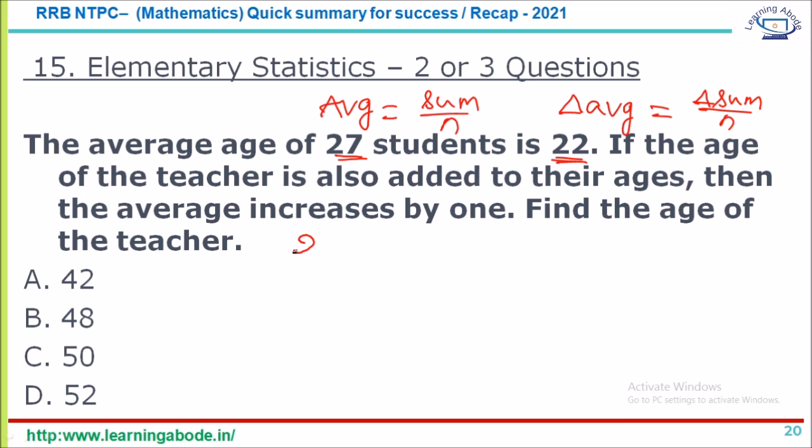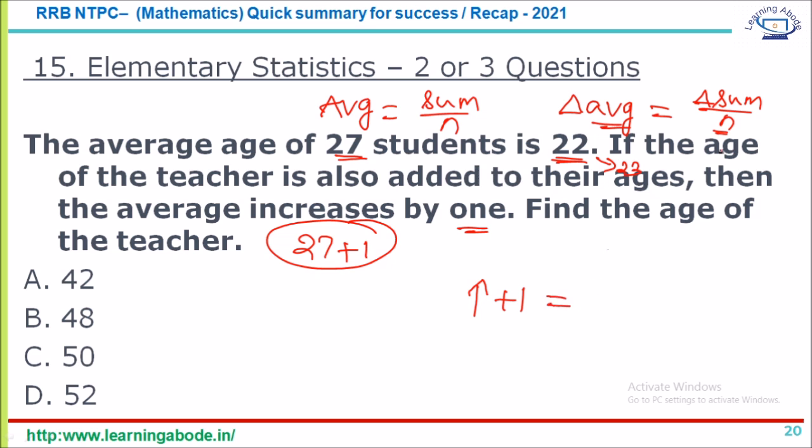Now if you add the teacher to the 27 students, it becomes 28. And the average increases by 1, so 22 becomes 23. Now the shortcut is change in average is equal to change in sum by n. What is the change in average? Change in average is plus 1.